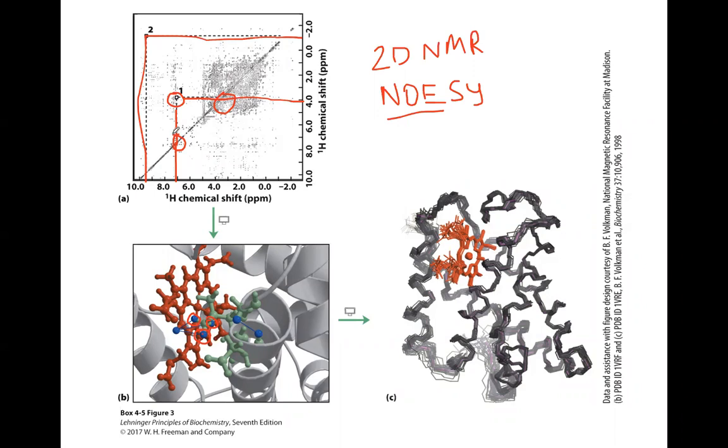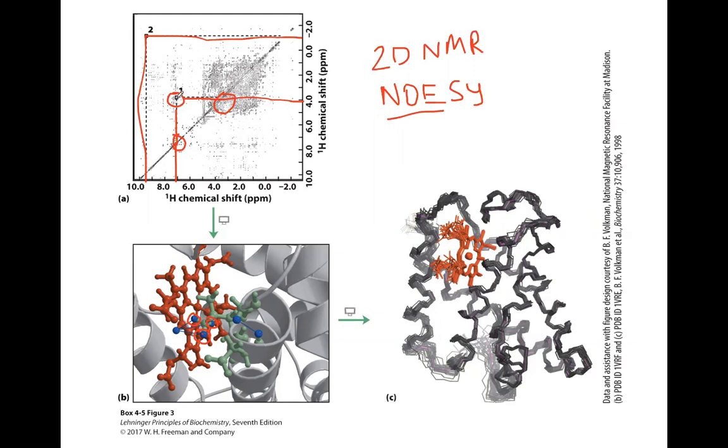Right. So in general, I can tell you when I use NOE, nuclear Overhauser effect, there are so many amino acids and so many dots here that it's not really easy to see.